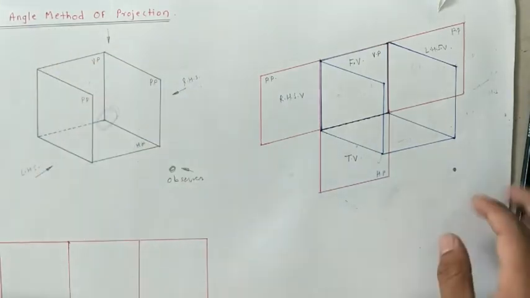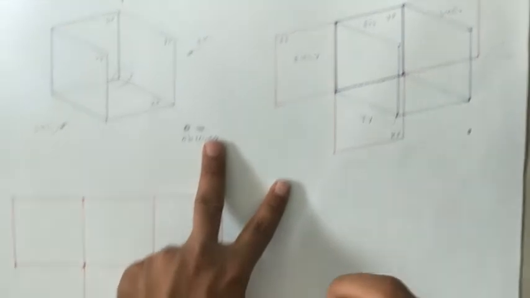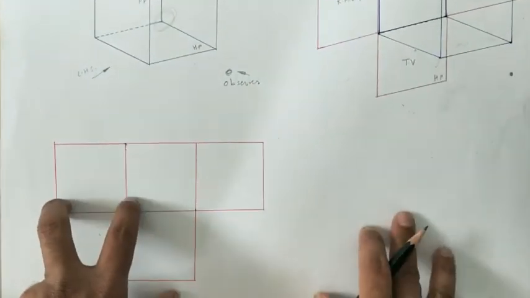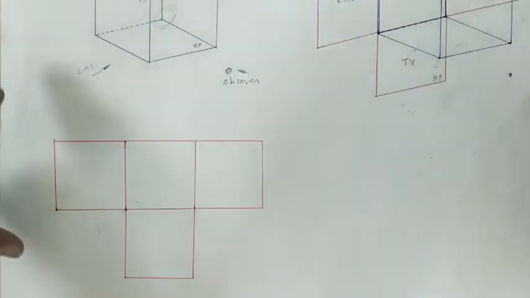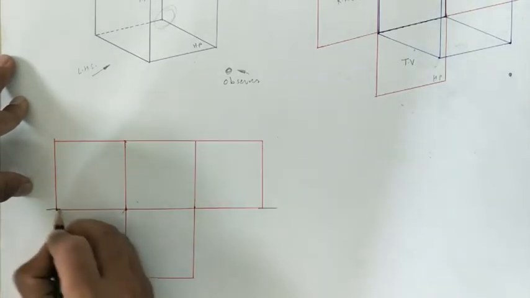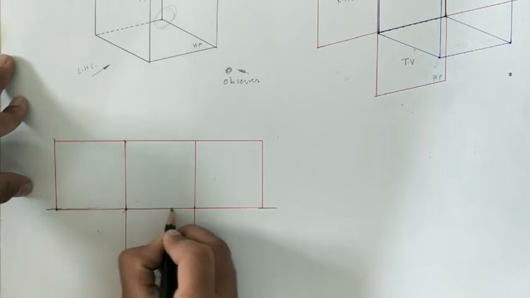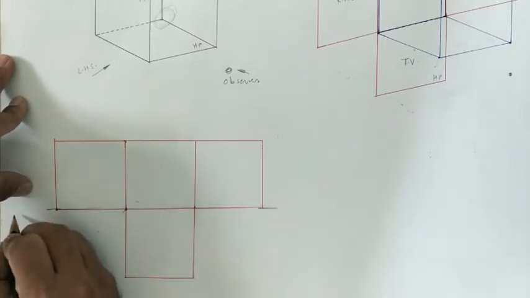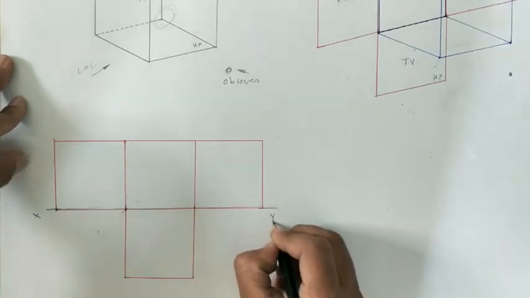So whenever it comes to drawing onto a paper, we do this. So I will show you. This is the reference line, which we call the XY line, the common line for all the planes. So this is your XY reference line.